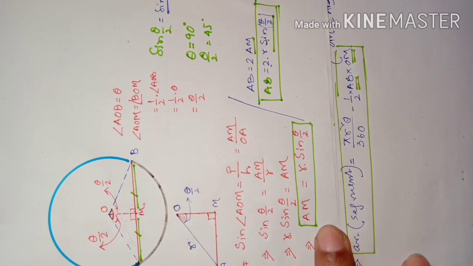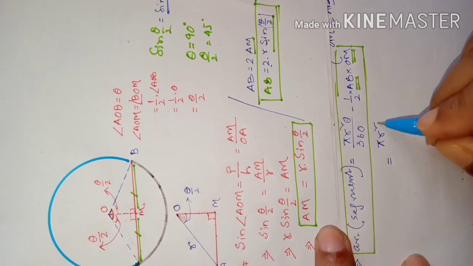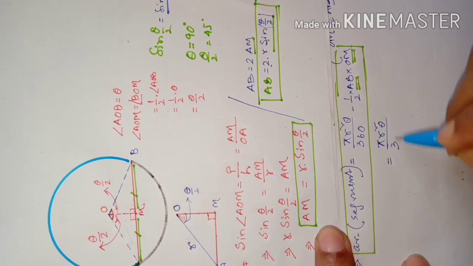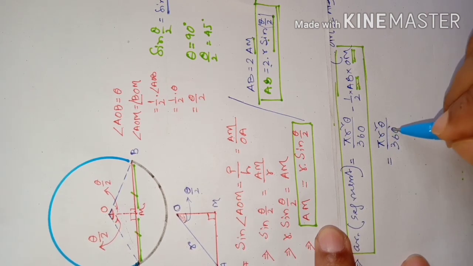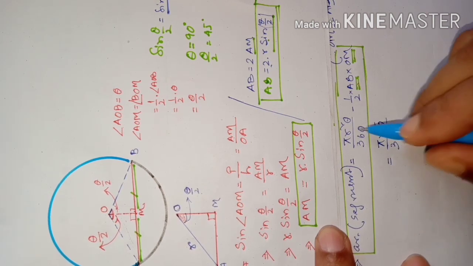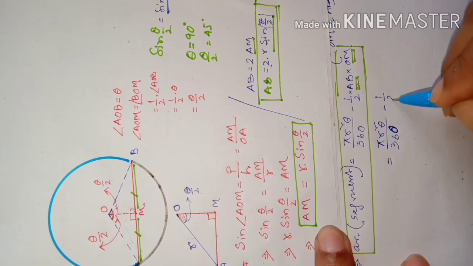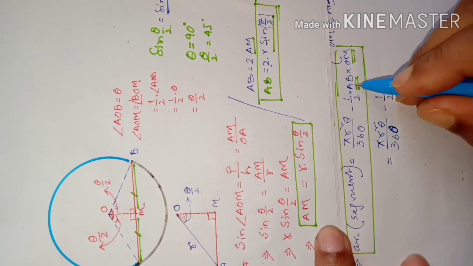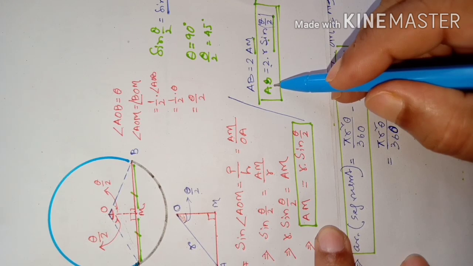What you can write here, if you want to continue after this, you will continue like this. Pi r square theta by 360, sorry, minus half into AB. Just now we got AB is what?